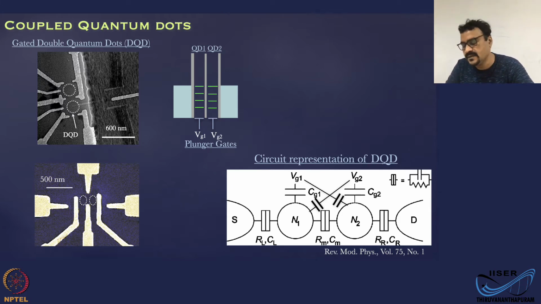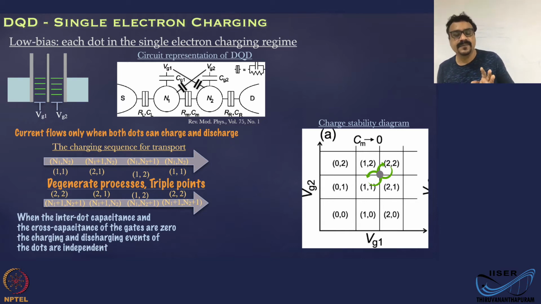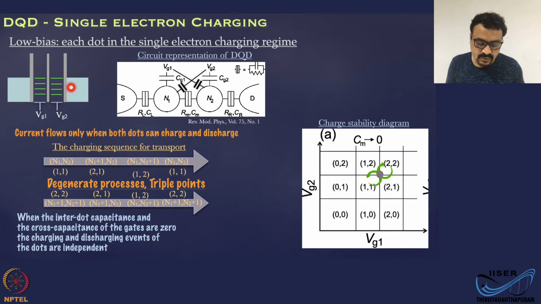Now let's consider the charge transport property. So what we have is two quantum dots. This is dot number 1 and dot number 2. You have energy levels, charging energy levels.